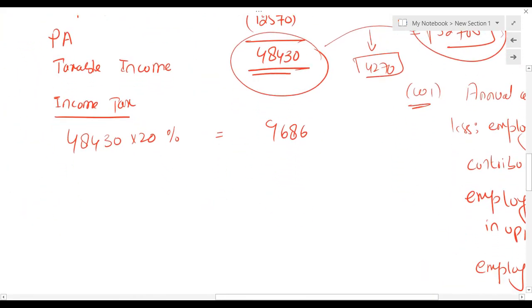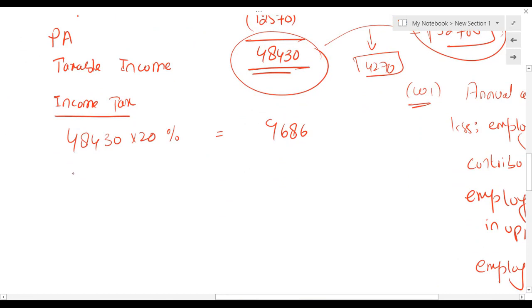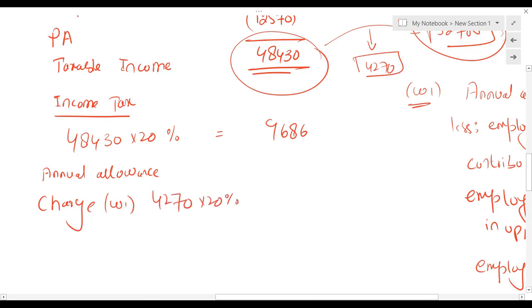So let's calculate tax on the annual allowance charge, working one. Let me clarify this working one. 4,270 into 20% is 854.